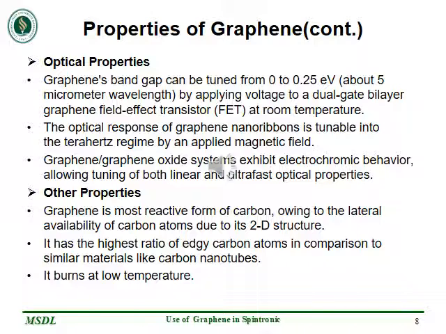And the other properties are: graphene is the most reactive form of carbon owing to the lateral availability of carbon atoms due to its 2D structure. It has the highest ratio of edge carbon atoms in comparison to similar materials like carbon nanotubes. It burns at low temperature.